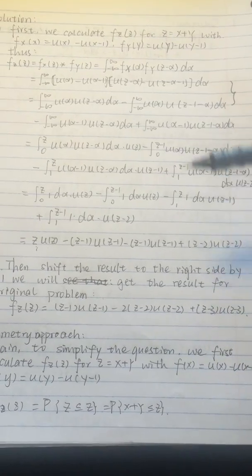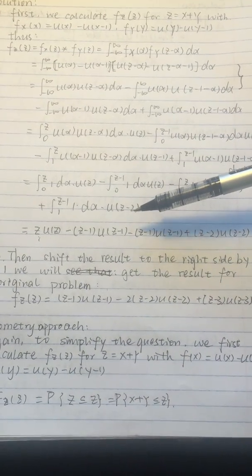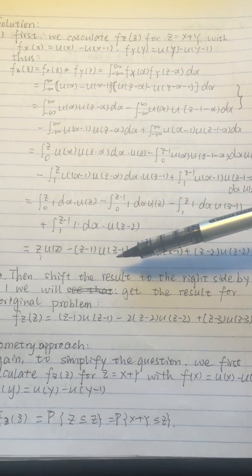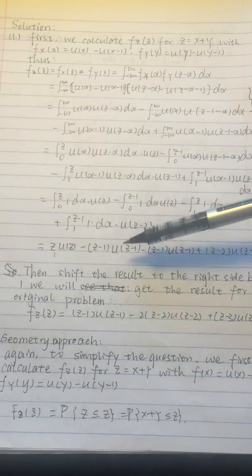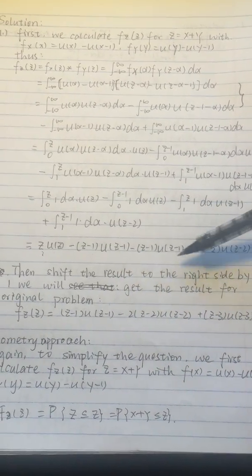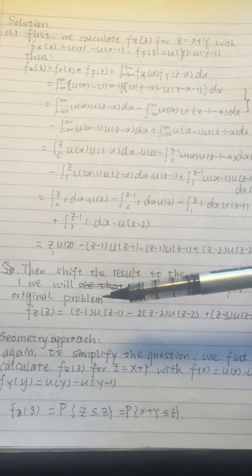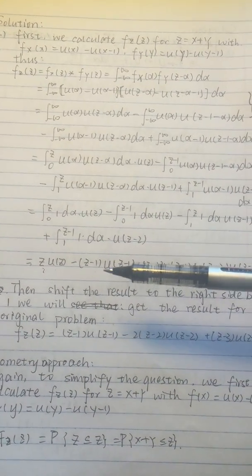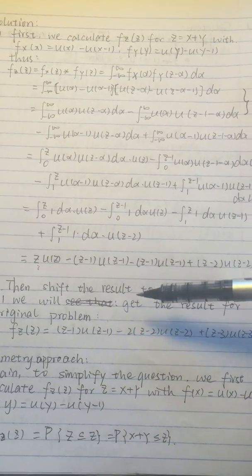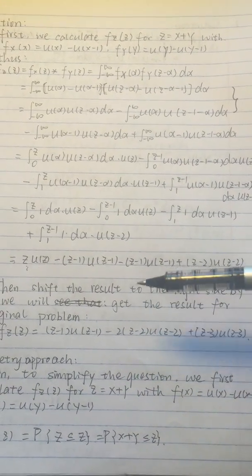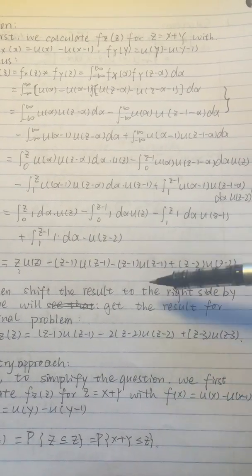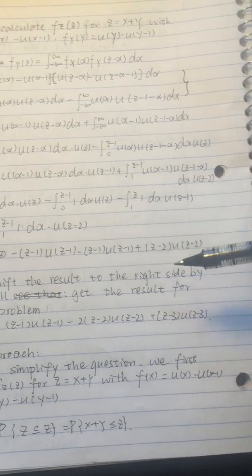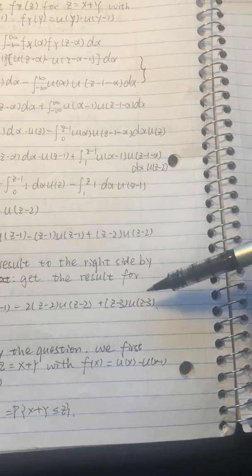Then, in order to get the answer for the original function, we shift the result to the right by 1, and we get the result for the original problem, which is that fz equals (z minus 1) times u(z minus 1) minus 2 times (z minus 2) times u(z minus 2) plus (z minus 3) times u(z minus 3).